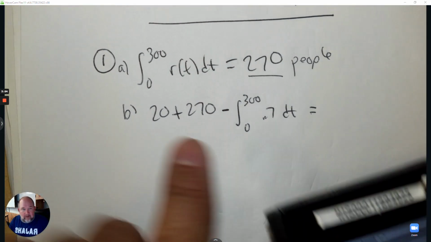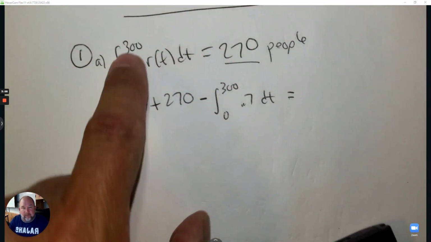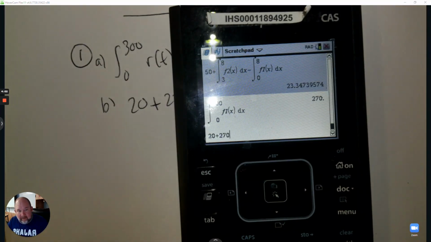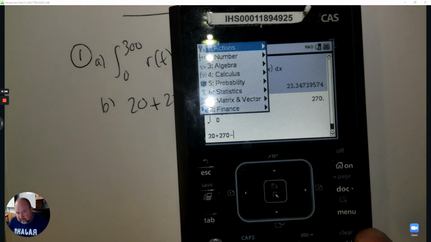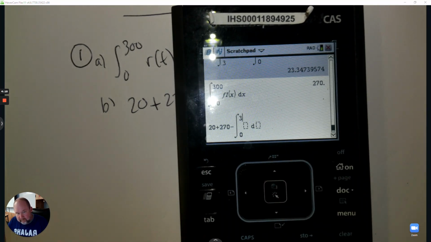So we started with 20. We just found out how many people are added to the line, 270, and then subtract the removing. So that's integrating from 0 to 300 the second one, which is F2 at x.